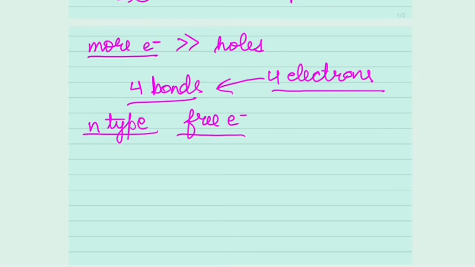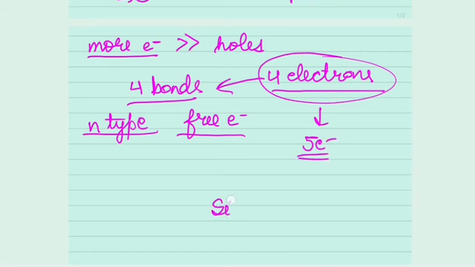So what we do is take some atom which has 5 valence electrons. Silicon will make 4 bonds, and if I take some pentavalent impurity like arsenic, arsenic has 5 electrons. So one bond is this, 1, 1 and 1.